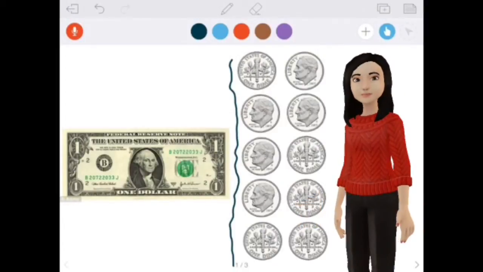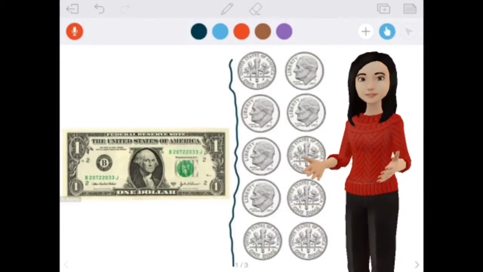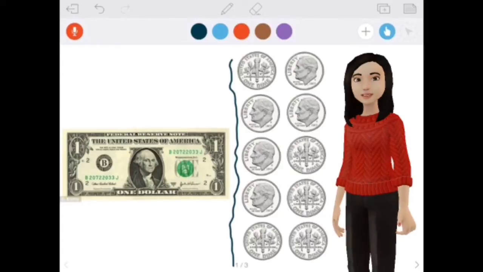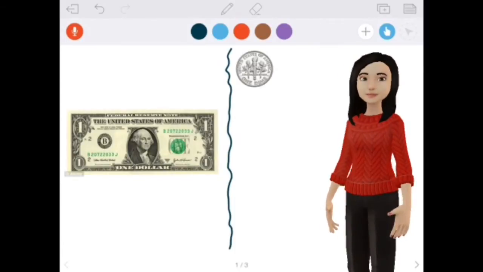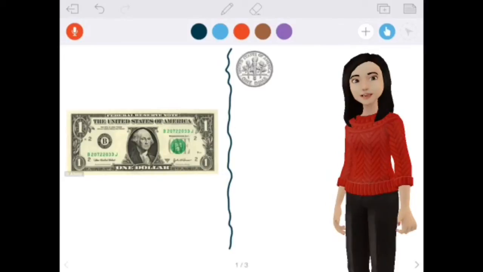How many dimes is equal to the same amount of $1? Let's take a look. I have $1 on the left side of the screen and 1 dime on the right side of the screen.